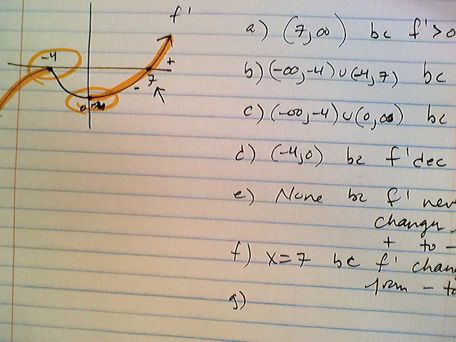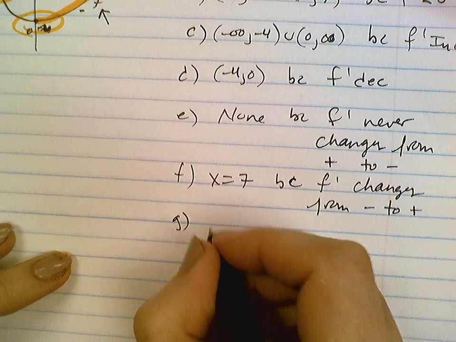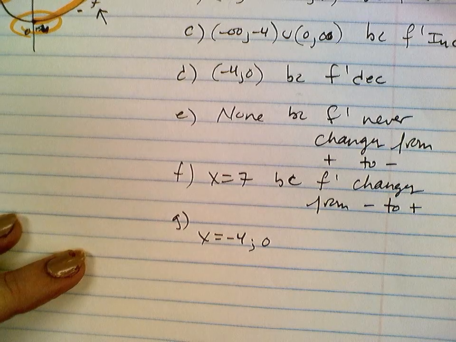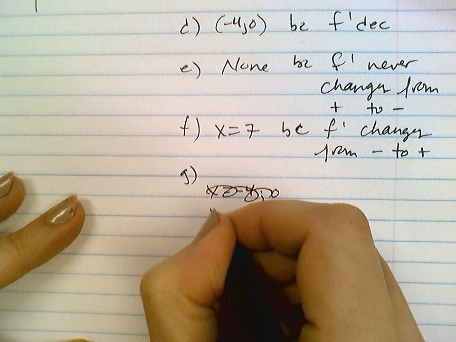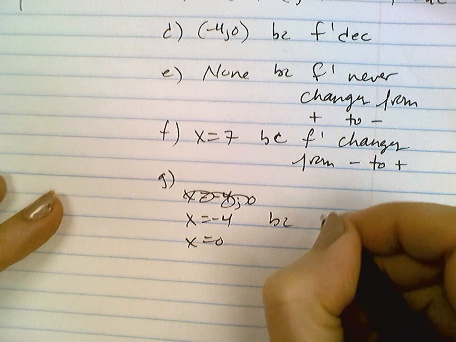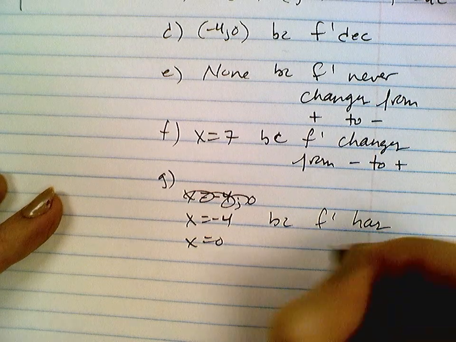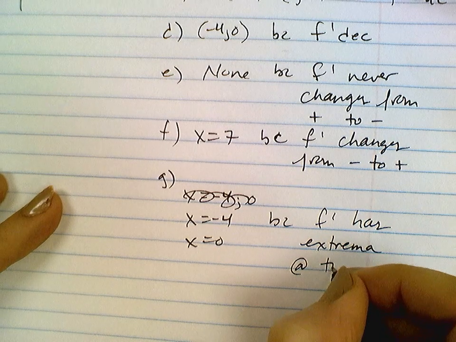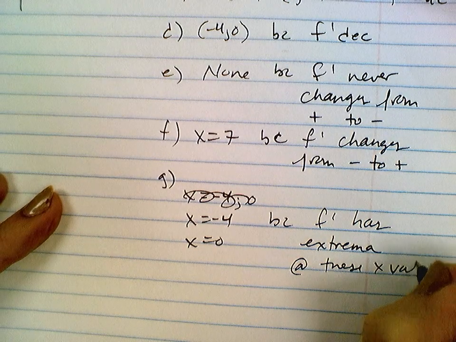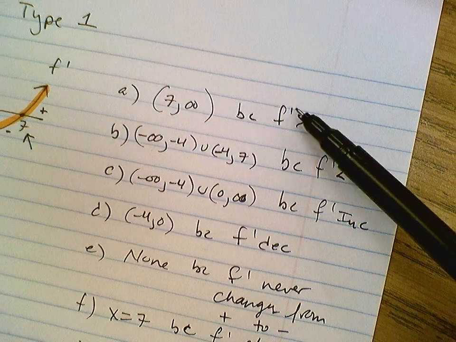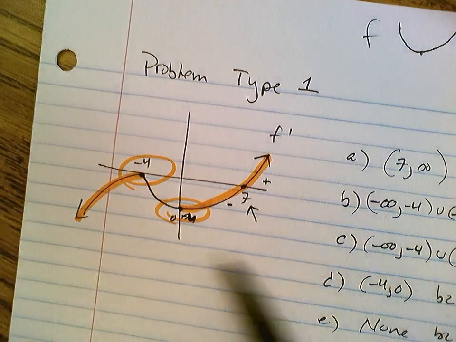So there's 2 local extrema. Let me say them separately. x is -4, x is 0, because f prime has extrema at these x values. Notice all of my explanations, because f prime, because f prime, because we're given the graph of f prime.